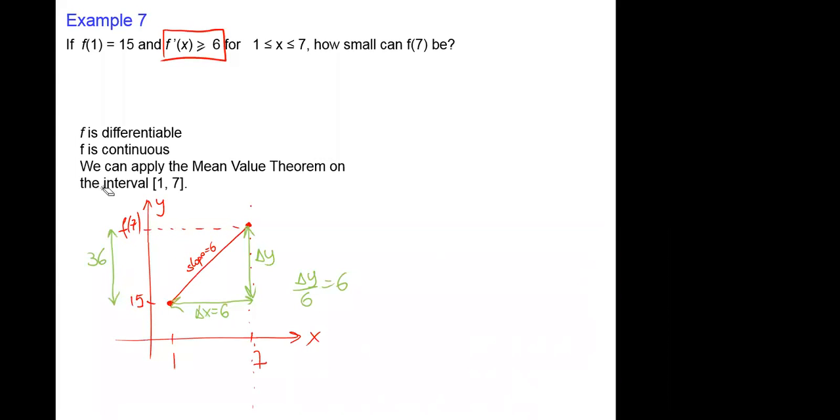I think it's my fault. We have 15, but we have to have 36 units. Yes, it will be 51. Okay, everybody agree? We can subtract because 51 minus 15 will give me 36. 36 over 6 is 6.